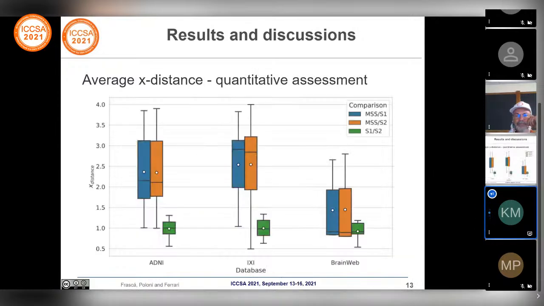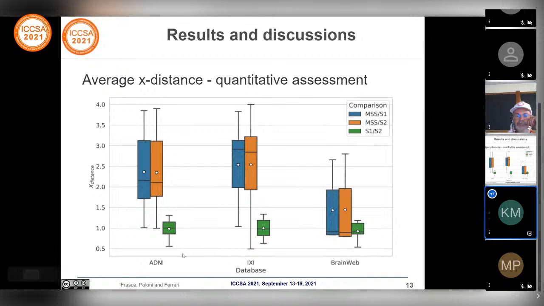These box plots compare the X distance between specialists 1 and 2 in blue and orange, and the MSS detection. Further, a comparison was performed between the two specialist annotations to provide an inter-observer measure in the green colors.